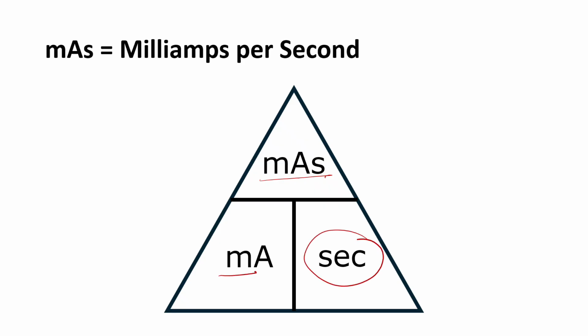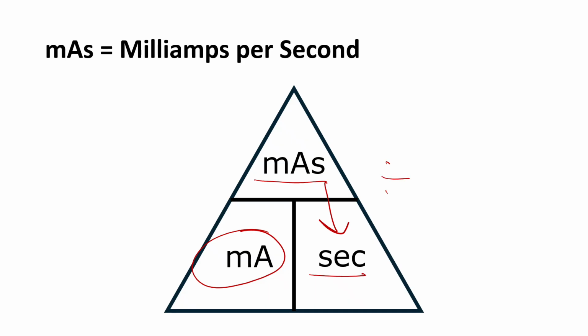You just take mass and divide it by mA. Because mass is above mA, you're going to divide mass by mA. If they give you mass and seconds or time, and they want you to calculate mA, again, you'll just divide mass by seconds, and that'll get you mA.